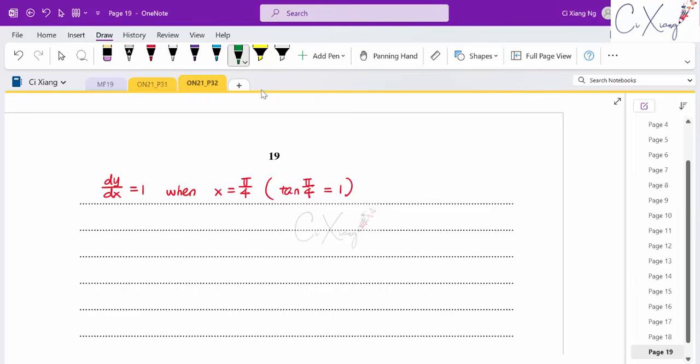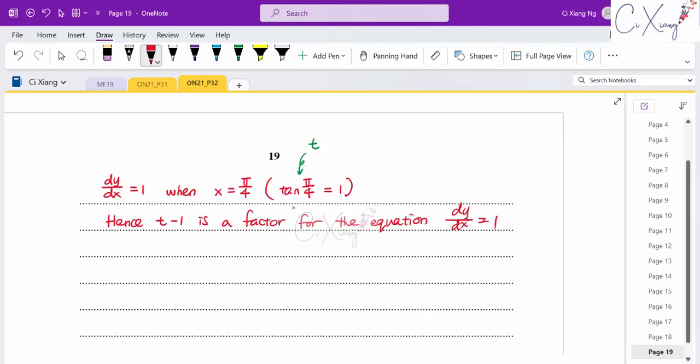So for tangent pi over 4, if we substitute tangent a, it is also a root, right? So tangent a, I can denote by t. So from here, you actually know that t minus 1 is a factor for the equation dy dx equals 1.